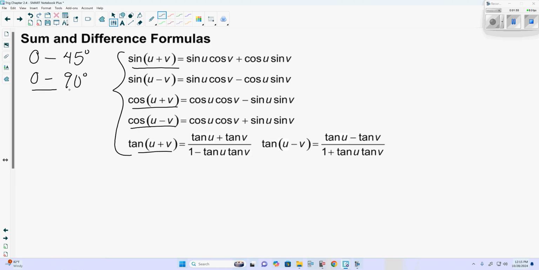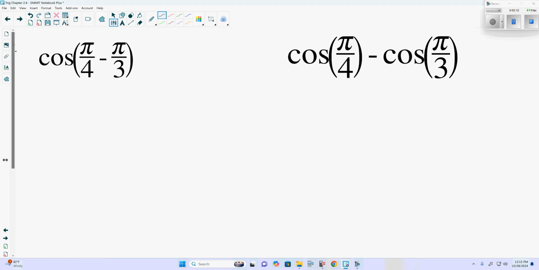If it only went from 0 to 90 degrees and I need sine of 120 degrees, we could find sine of 90 plus 30 and find the value of 120 based off this, or any angles in between. And this goes for degrees and radians.